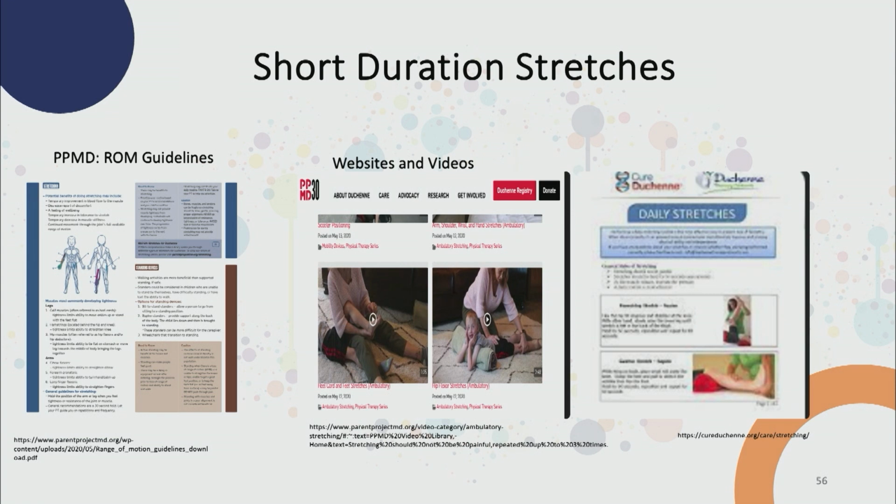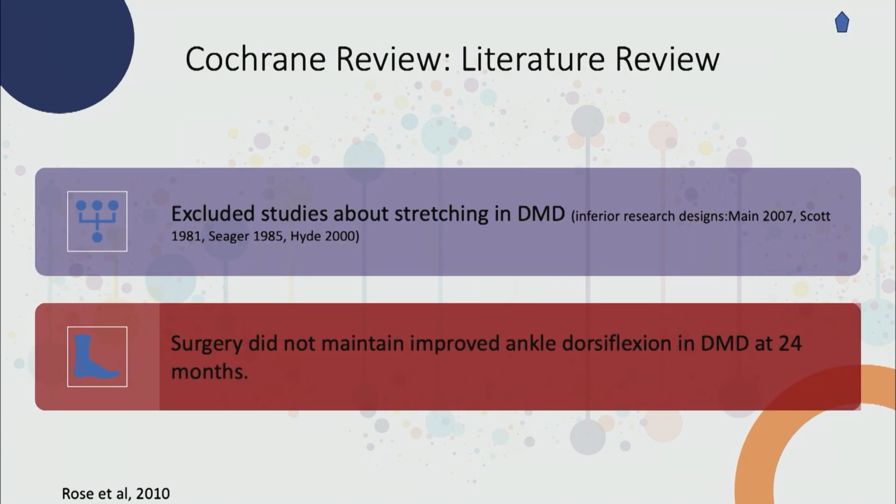Right? And so the short answer is, it's not going to prevent anything, but there may be other benefits. And so stretching, we should not throw the baby out with the bathwater, but it does help. And so there are websites on PPMD as well as Cure Duchenne that you can use to guide your parents and families.